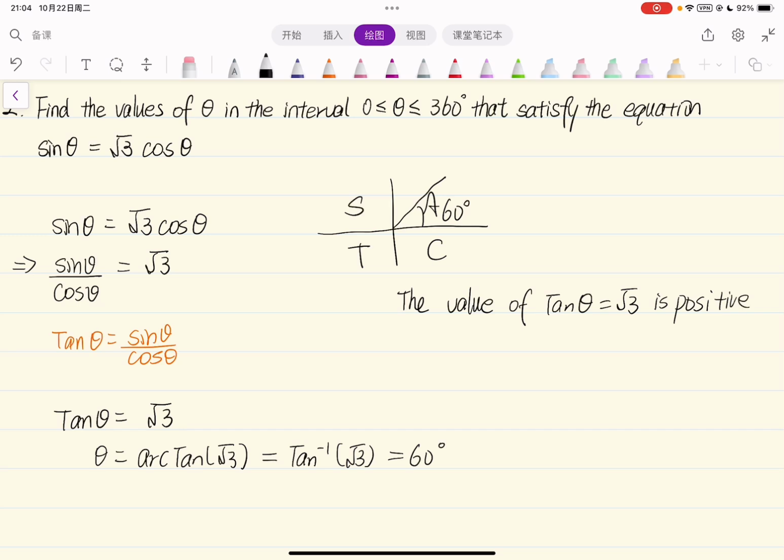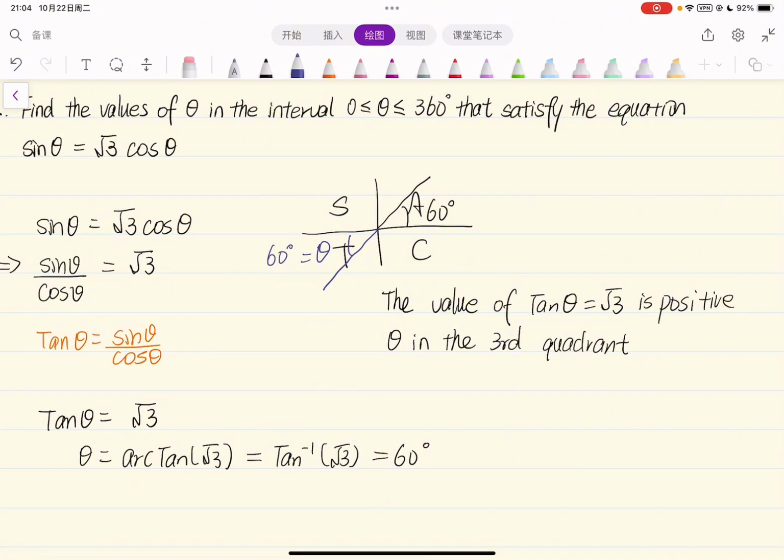So we can have another angle theta in the third quadrant that is 60 degrees from the axis.